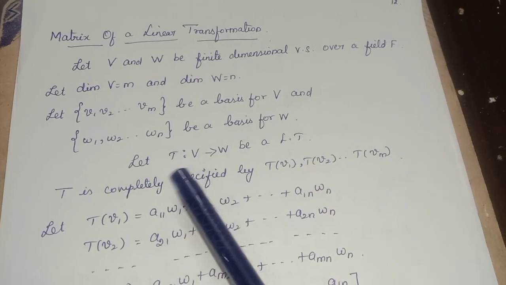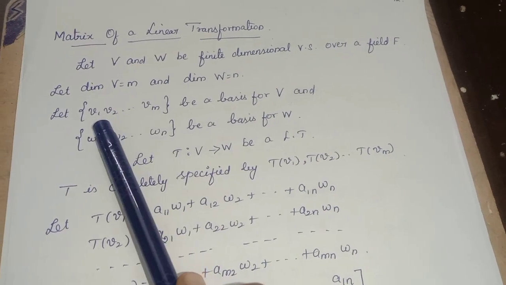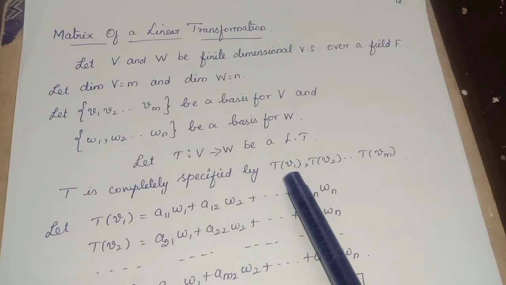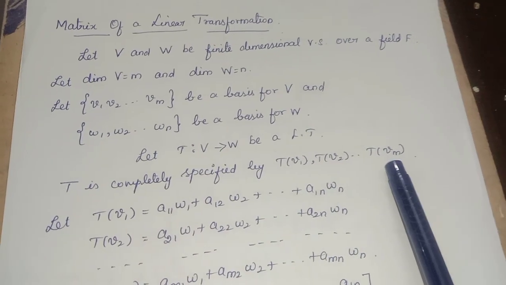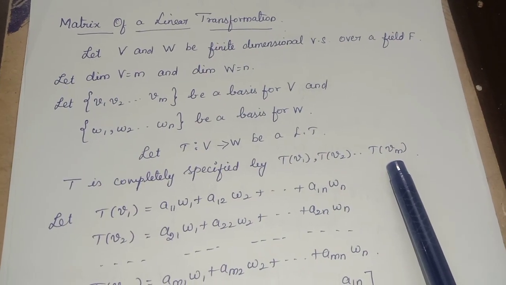Right. Then I am going to find the image of this basis with respect to this linear transformation. So they are given by T of V1, T of V2, etc., T of Vm. Already we have discussed linear transformation from one vector space to another vector space.